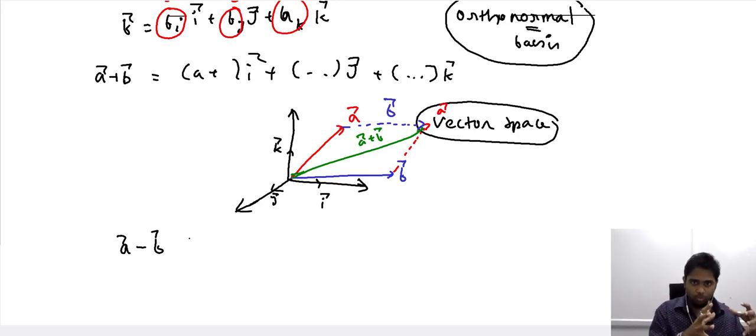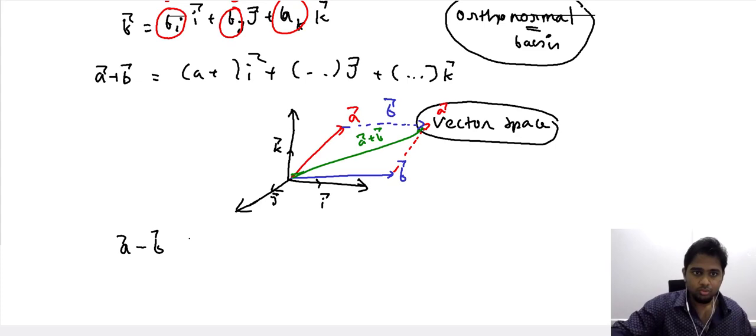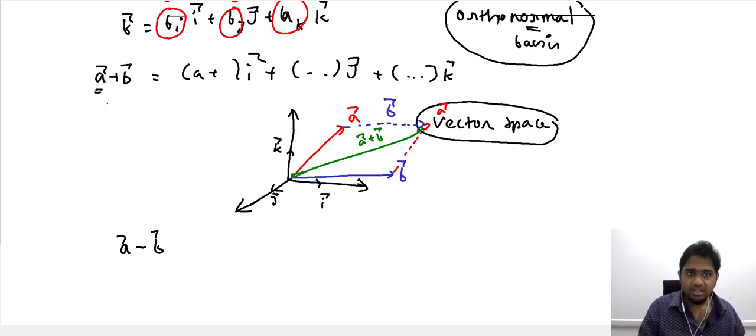Initially, we had a specific scalar along the i, j or k basis, and we added to that a specific scalar value, and that is how we ended up with this expression for the summation of the vector. In case of the difference of 2 vectors, we are removing some of the magnitude associated with a given basis, and that is essentially what the difference between 2 vectors means.